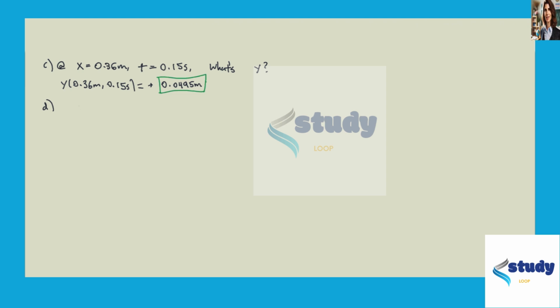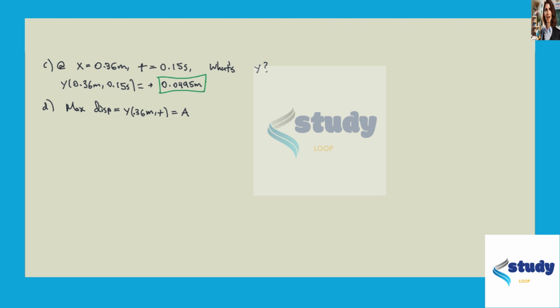So a maximum upwards displacement means that y is equal to A. So we know where the particle is in x, so y of 0.36 meters, t is equal to the amplitude here. That's what that means. It means it attains its max value, which is the amplitude.